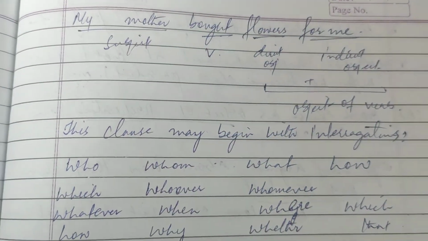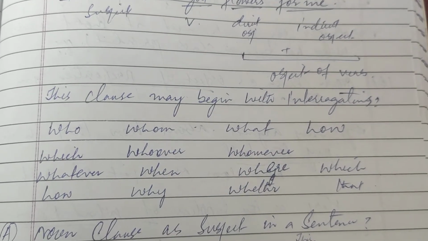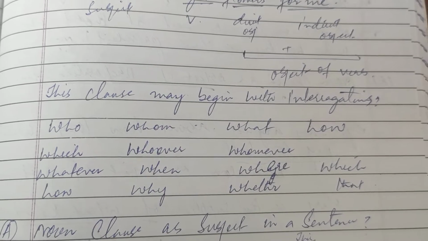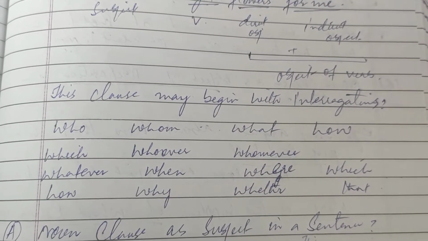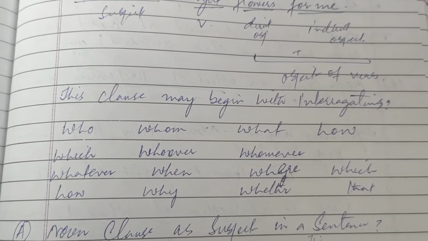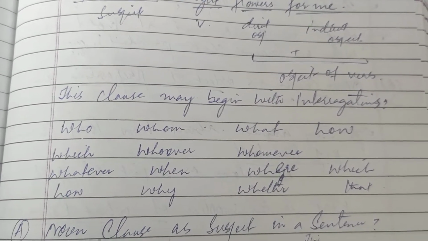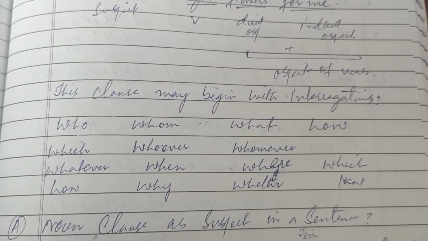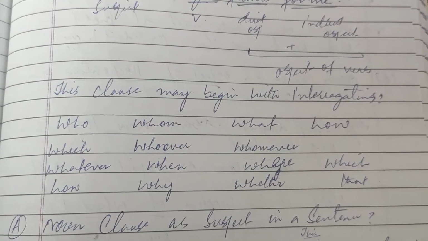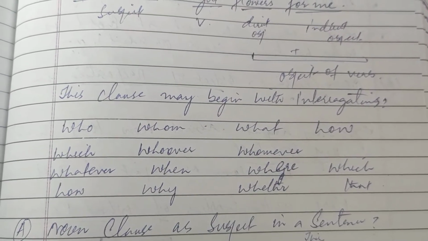One thing about this nominal clause: this clause may begin with the interrogatives like who, whom, what, how, which, whoever, whomever, whatever, when, where, which, how, why, whether, that. All these words form the interrogatives.